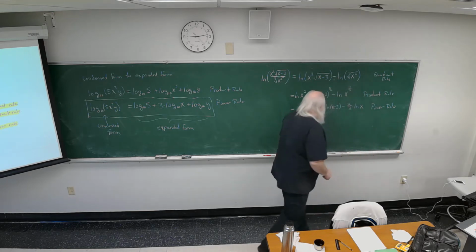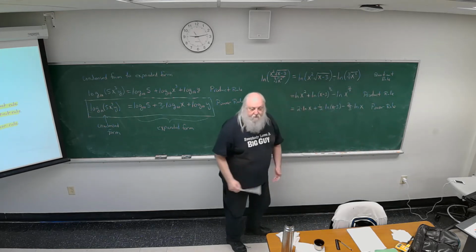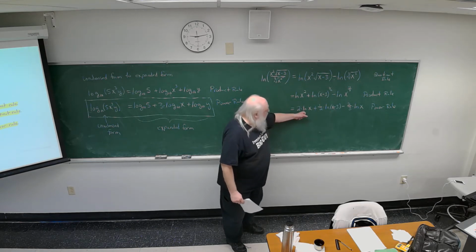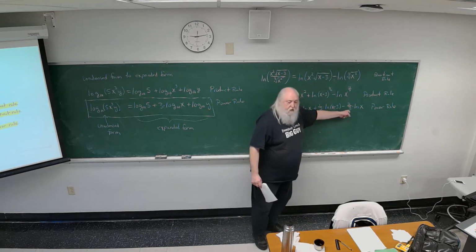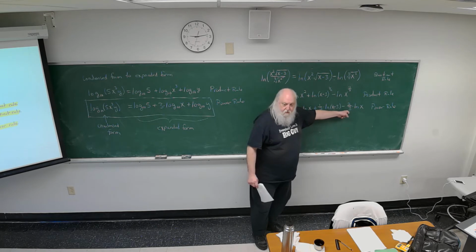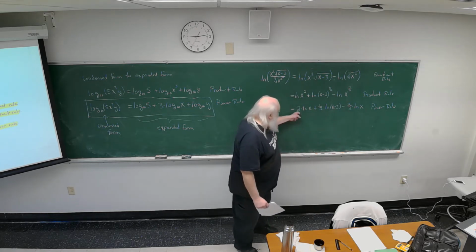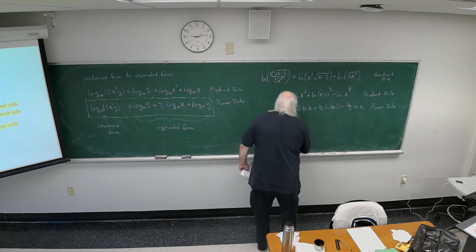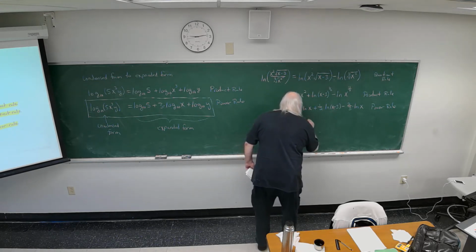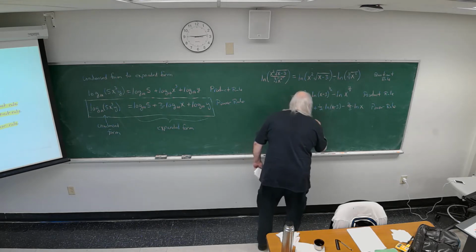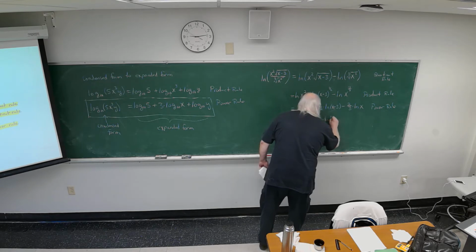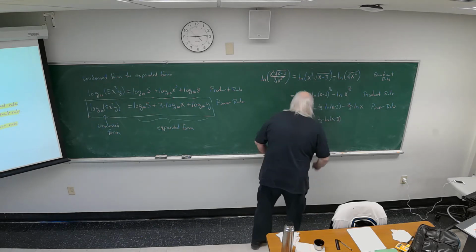Now you might notice that we have like terms now, right? 2 log x and minus 2/3 log x are like terms. So 2 minus 2/3 is 4/3. So we can write this as 4/3 times the natural log of x plus 1/2 times the natural log of x minus 3.